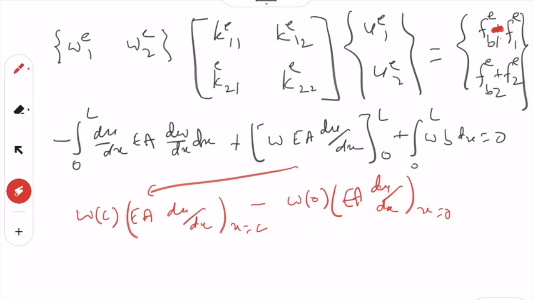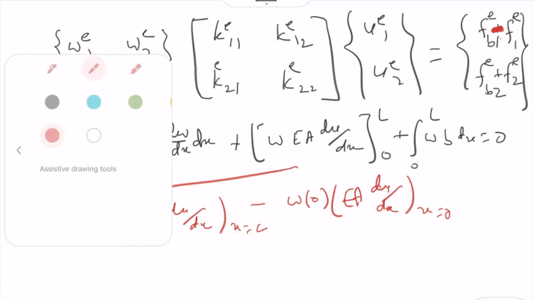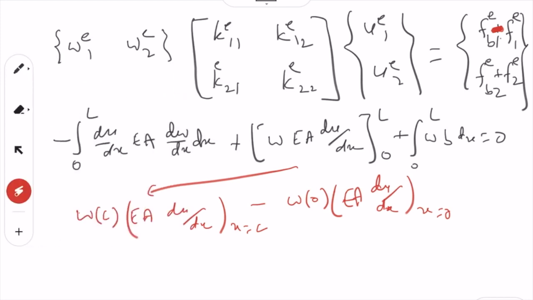So, this also comes from there, just to explain. Okay. So, basically the idea is that you will form the weak formulation also for that element only.